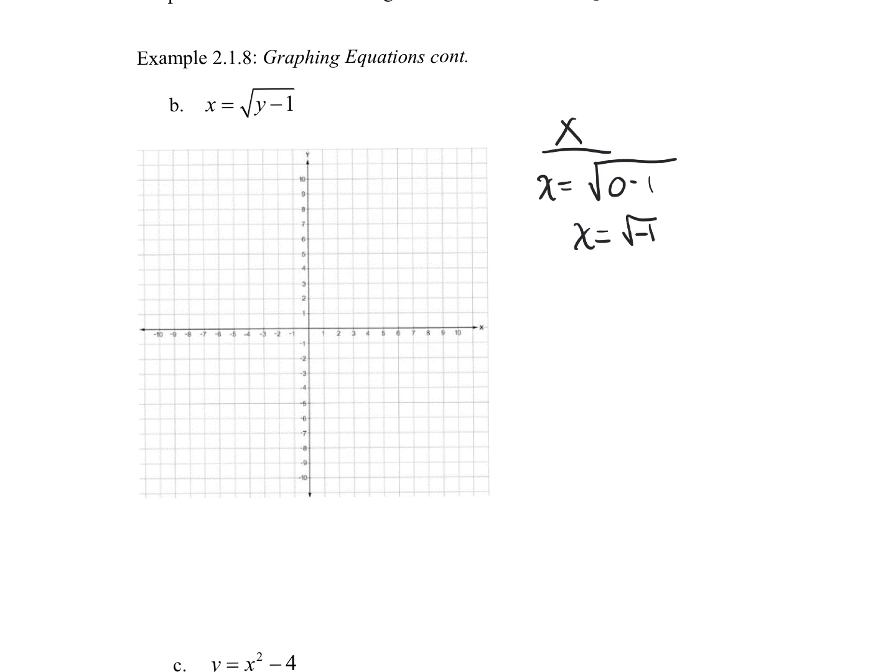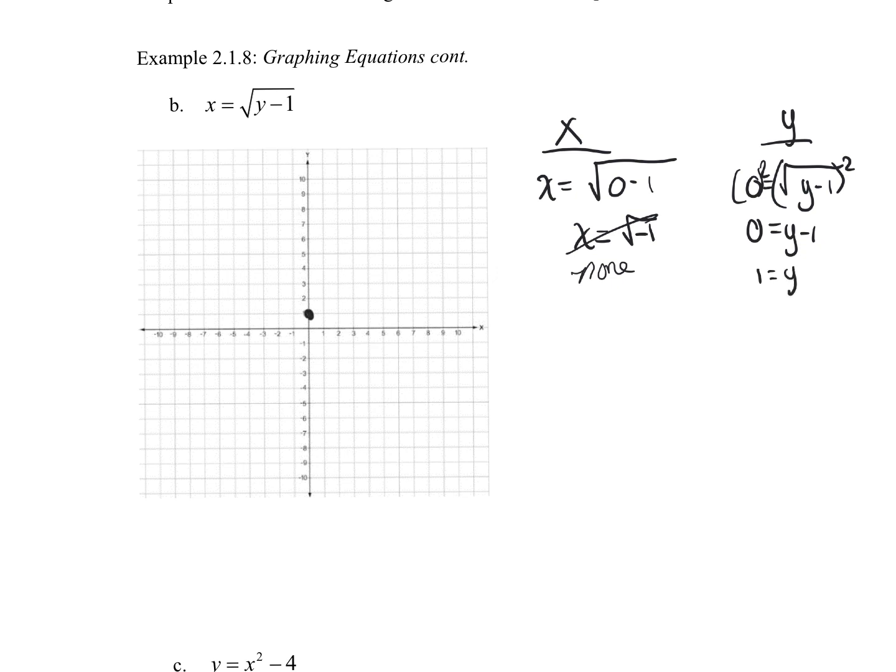That's an imaginary number, so there's not going to be an x-intercept. Y-intercept, you let x be 0. So 0 equals square root of y minus 1. We're going to square both sides to get rid of that square root. 0 equals y minus 1. Add the 1 over. 1 equals y.